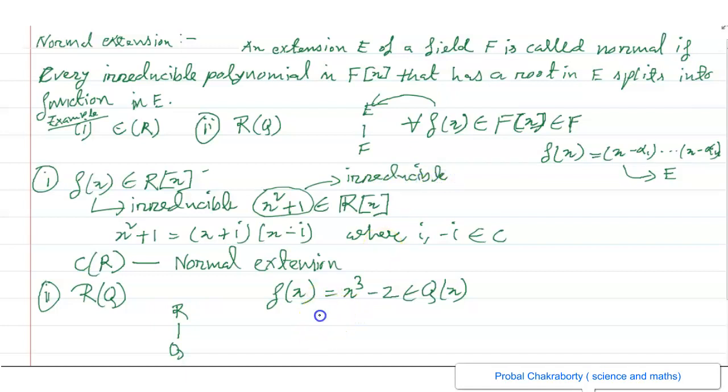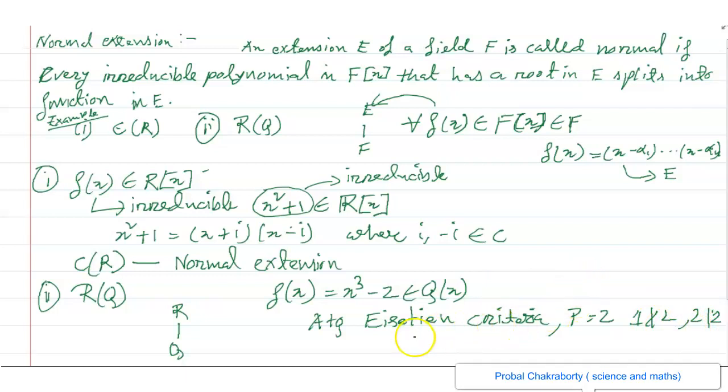According to the Eisenstein criteria, p is equal to 2, where 1 is not divisible by 2 and 2 is not divisible by 2.